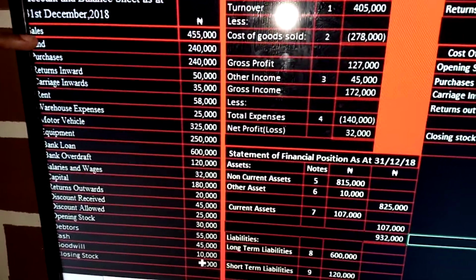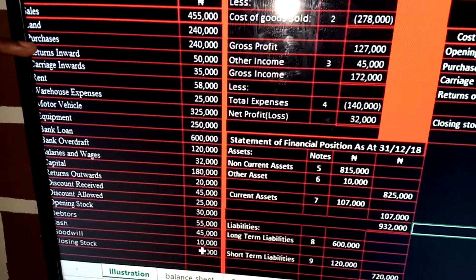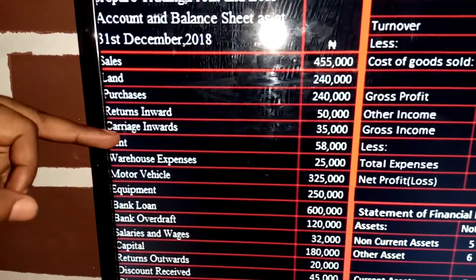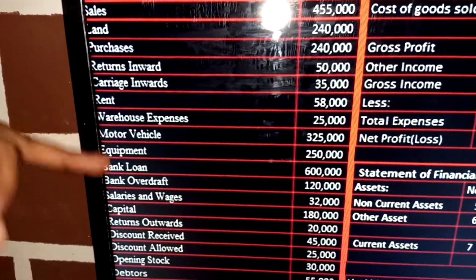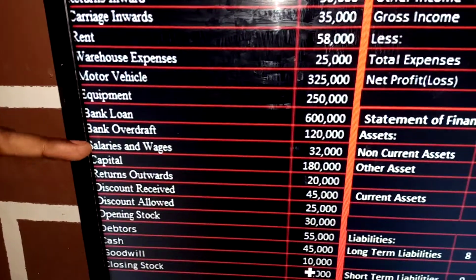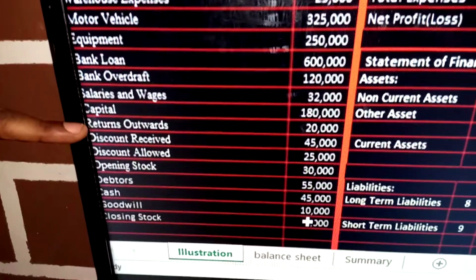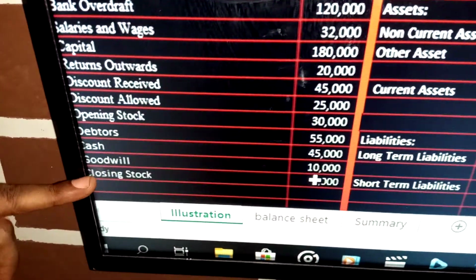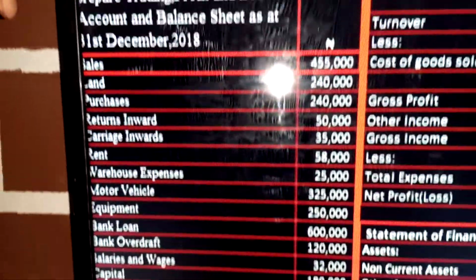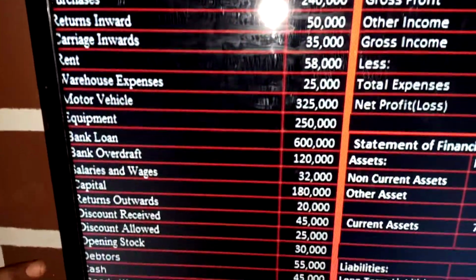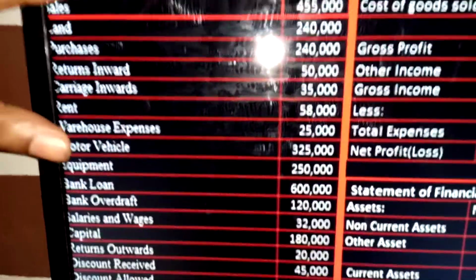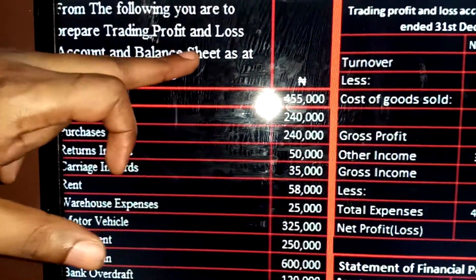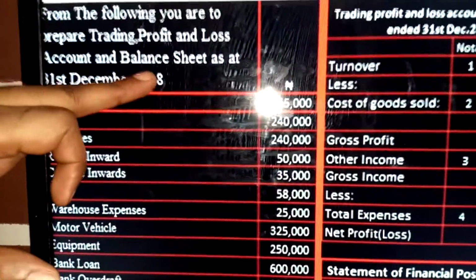We have sales, land, purchases, returns inwards, carriage inwards, rent, warehouse expense, motor vehicle, equipment, bank loan, bank overdraft, salaries and wages, capital, returns outward, discount received, discount allowed, opening stock, debtors, cash, goodwill, closing stock. With all these items, we are required to prepare trading profit and loss account and balance sheet as at 31st December 2018.